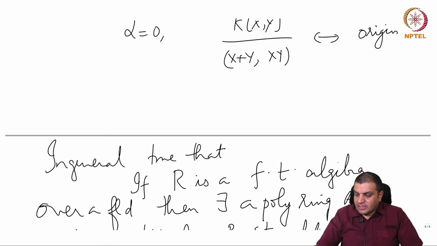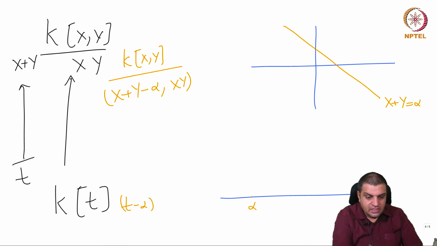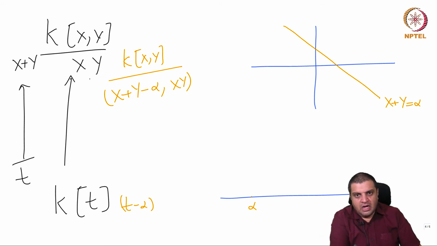So that's the picture that we had here. Here is some finitely generated algebra R, there is a polynomial ring A with this map finite. So this is in general true.